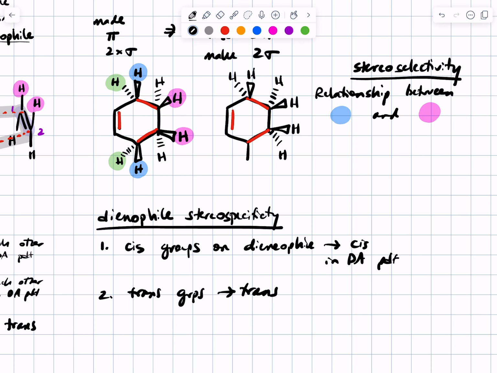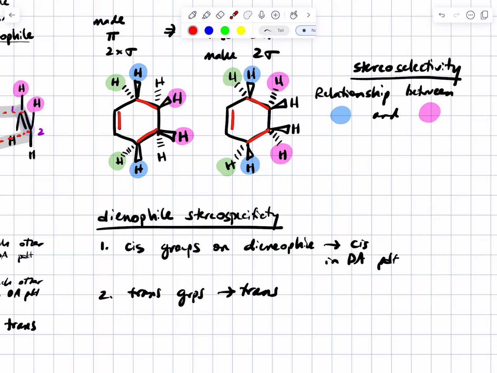I said that exactly backwards. Please forgive me. You can imagine a situation where the pink protons are dashes and then the other protons are wedges. Notice in the option on the left, the pink protons are on the same side as the blue protons, whereas on the option on the right, the pink protons are on the opposite side of the ring as the blue protons. Yes? When would that happen?